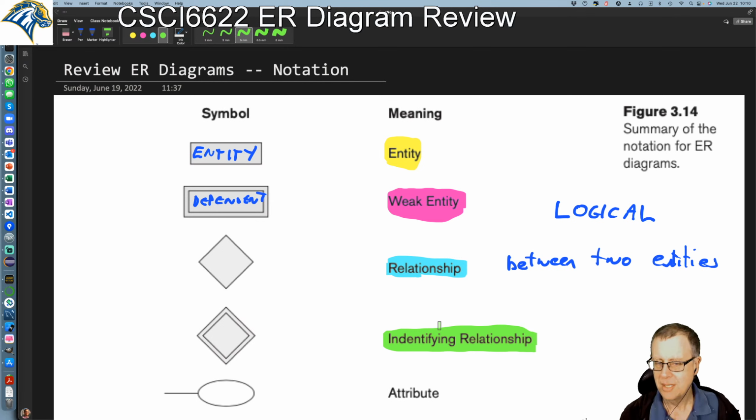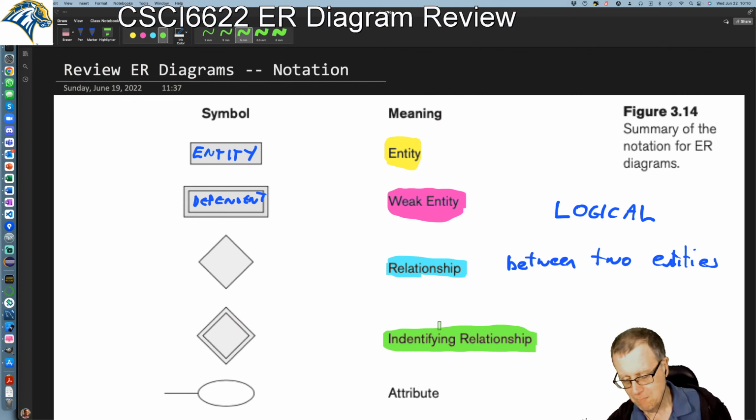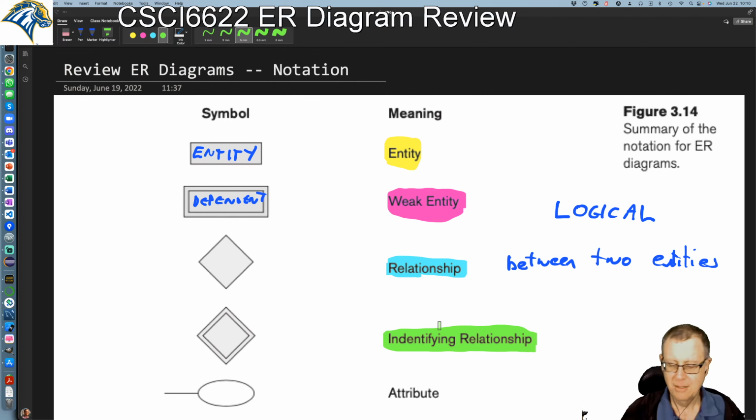And this relationship, the double diamond, is the thing that identifies the entity that the weak entity is related to. So in the company database, we need the social security number of the employee as part of the composite key into the dependent table.